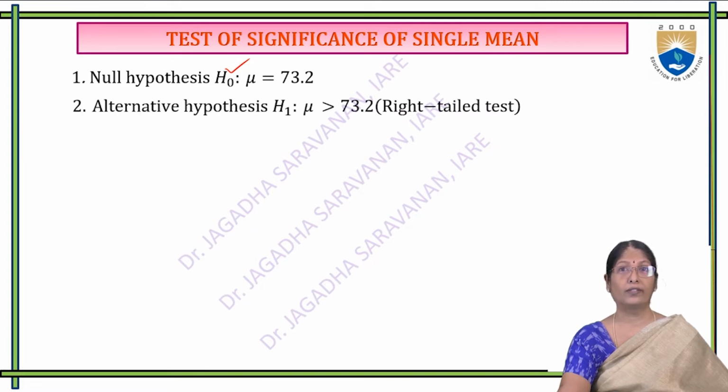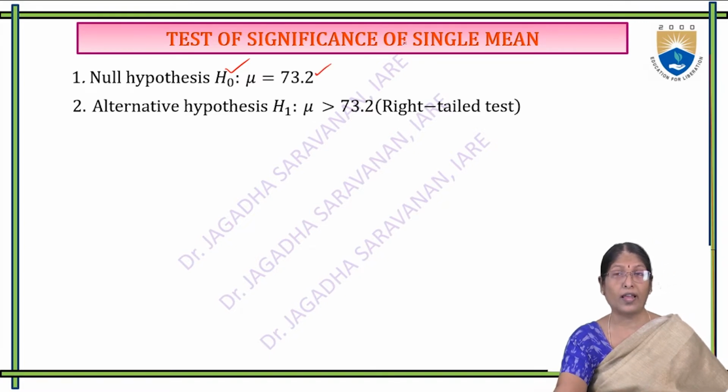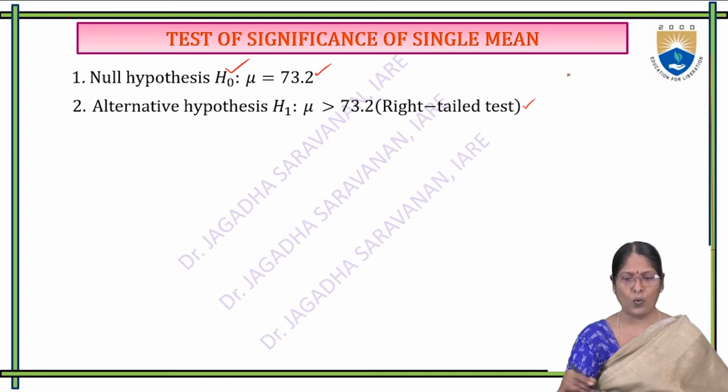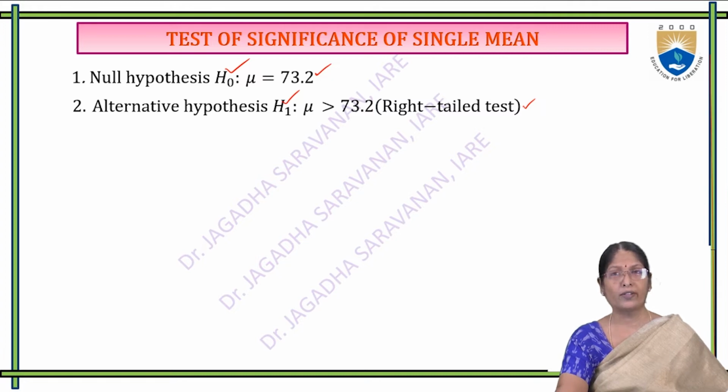The second is the alternative hypothesis, about the population which is defined in the null hypothesis. We are not in a position to accept it. That is our next step, the alternative hypothesis, for which the symbol is H1. How to reject? Three ways: not equal, less than, greater than.